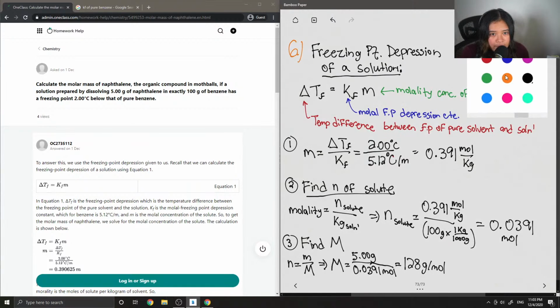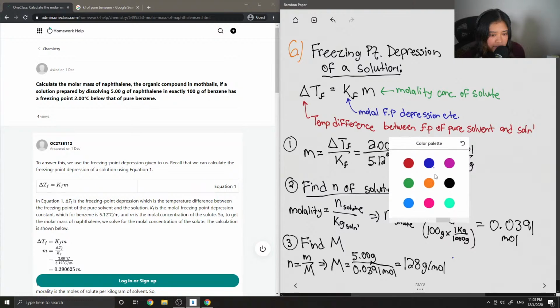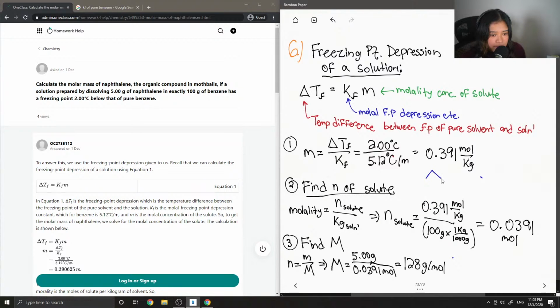Okay, so if we double checked our answer, I'll draw out the structure of naphthalene over here where I have some space. But basically it looks like this, where you have two 6-membered rings fused together.